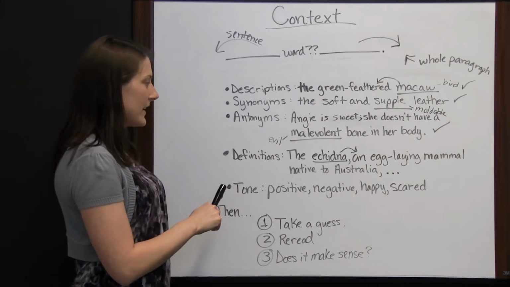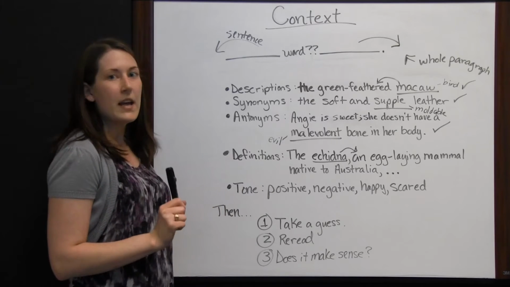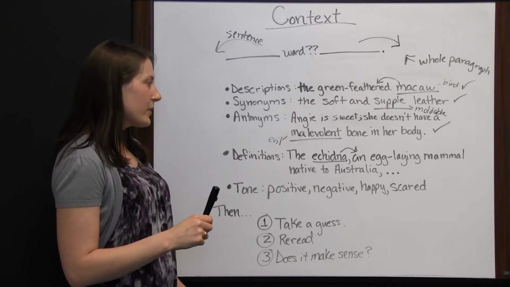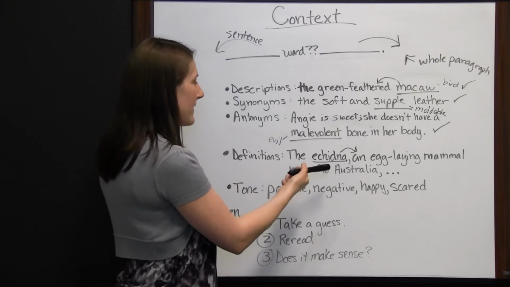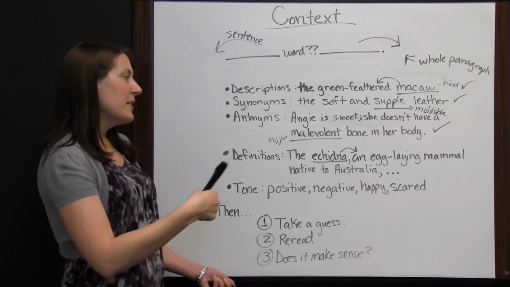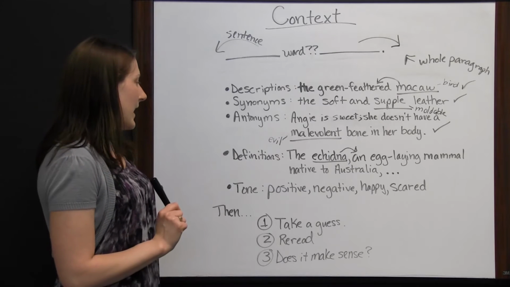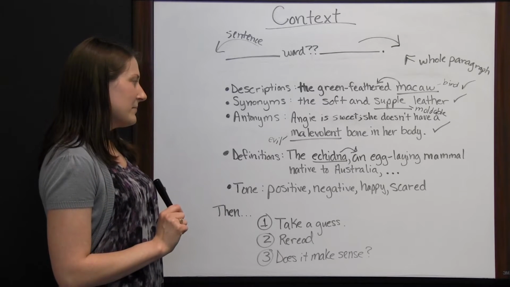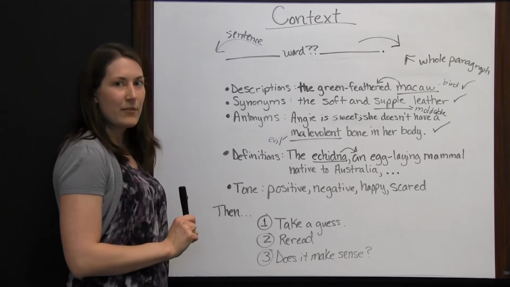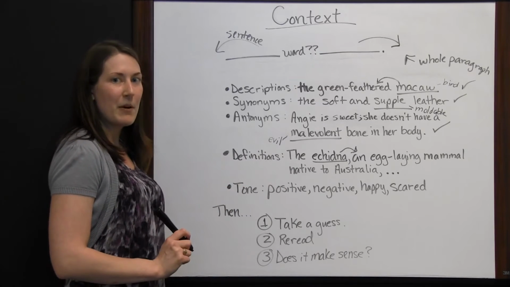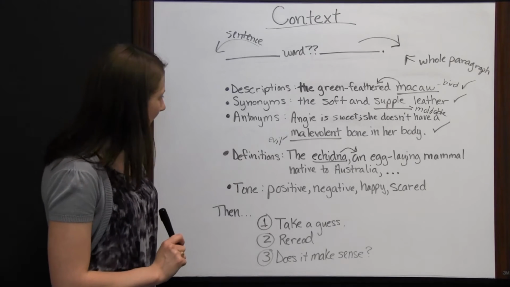Now, the echidna sentence is a little different. If they plug in a definition for you, then it's a little harder to check. You would just say, an egg-laying mammal native to Australia, and then maybe tell the sentence after that point, because the definition's already there for you. There's not really a synonym for echidna or anything else you could have come up with for what that one meant.